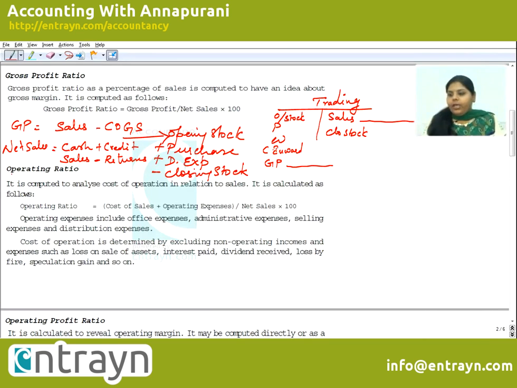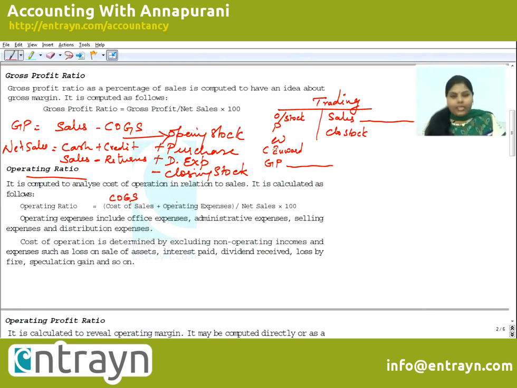The second one is the operating ratio. What are operating expenses basically? Operating expenses are regular expenses that you require to operate the business time and again, the expenses which are required to operate a business concern.